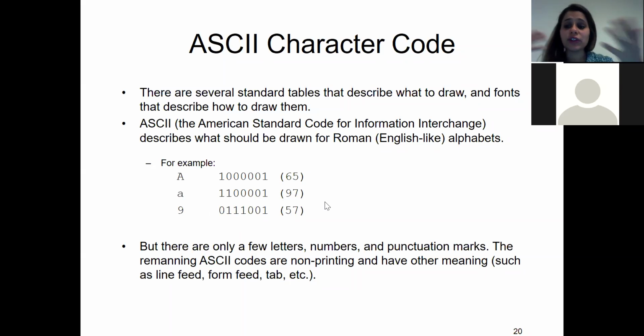And this is how the machine differentiates that this is uppercase, this is lowercase, or for example, this is number 9, this is the character of greater than or lower than or equal or plus or division or whatever. So how would the machine differentiate in terms of that? They said, okay, this ASCII code was created for Roman alphabets, purely for English. And this is how it looks like.